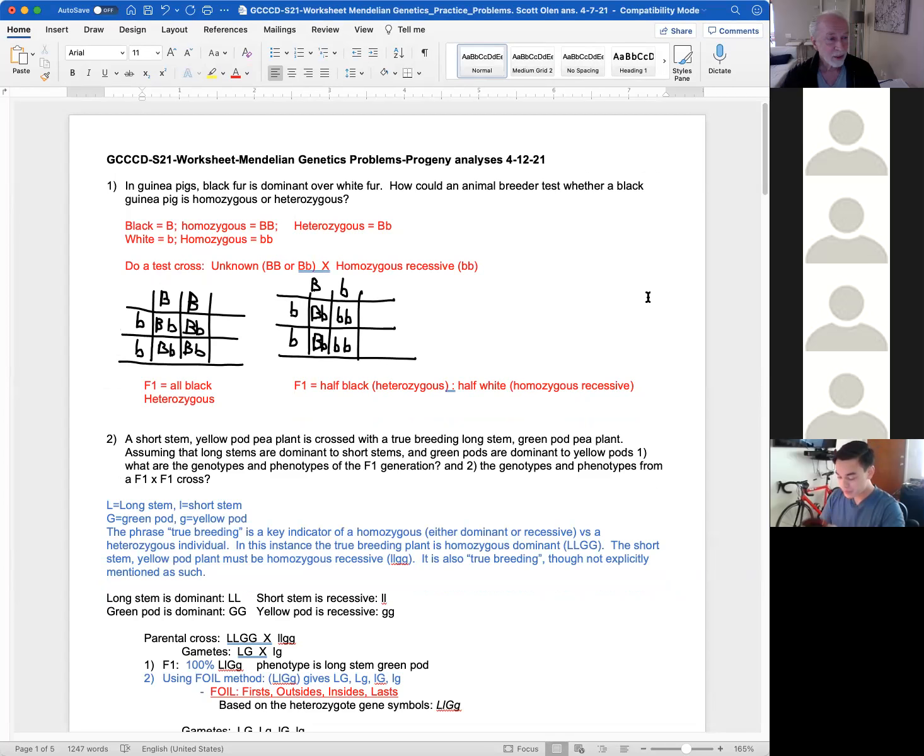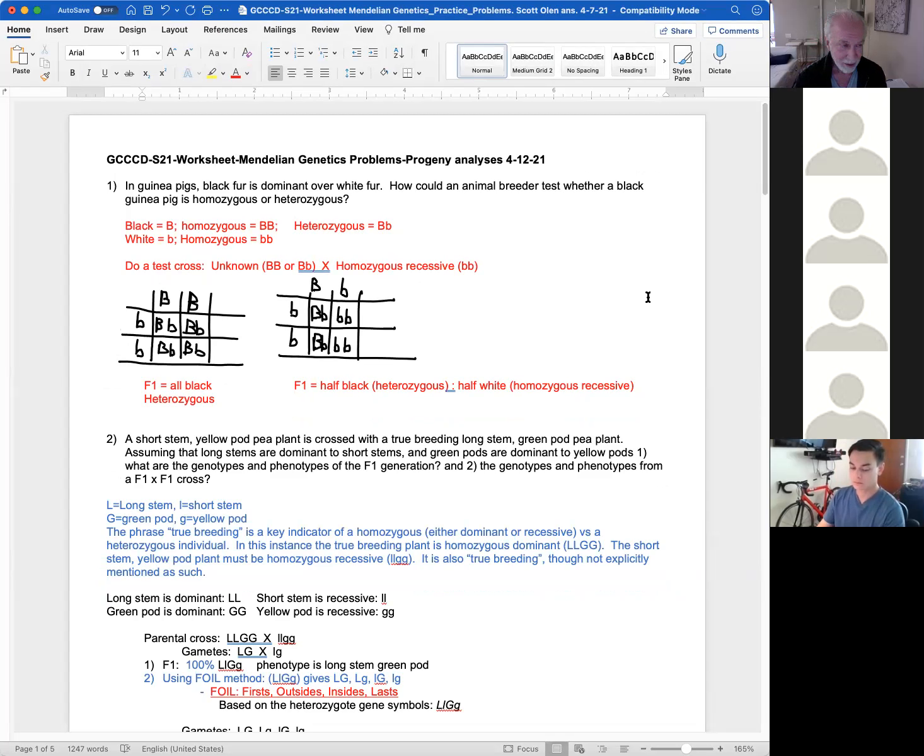So let's talk about the first problem here. In guinea pigs, black fur is dominant over white fur. How could an animal breeder test whether a black guinea pig is homozygous or heterozygous?